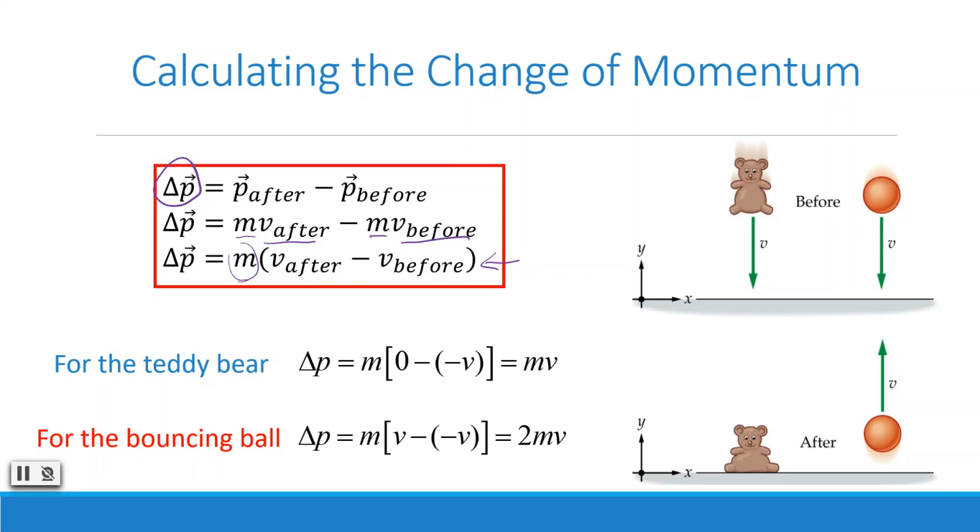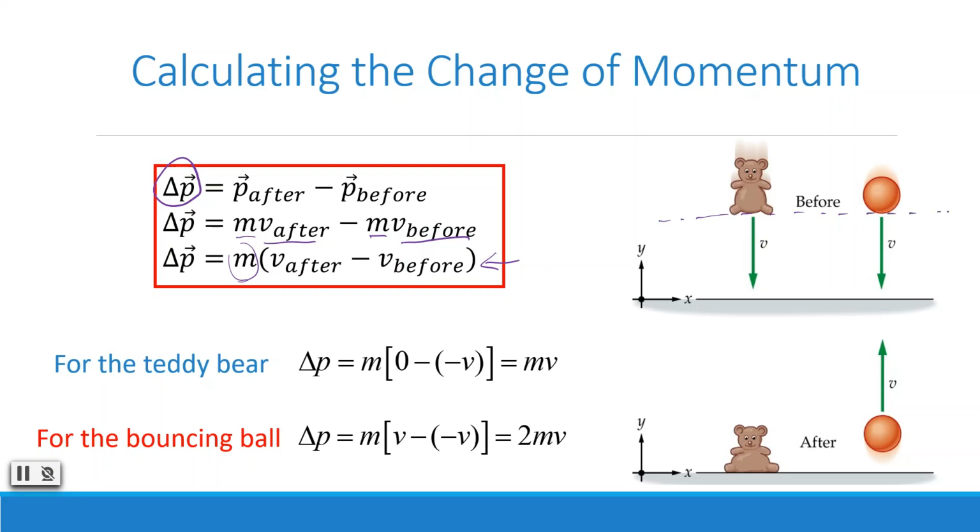You'll see that when we get to collisions, a collision is a little more complicated, and because we have multiple masses, you might have to modify the equations a little bit. So if we look at two objects here, for example, the teddy bear and the ball, we're assuming that they are being dropped from the exact same height.